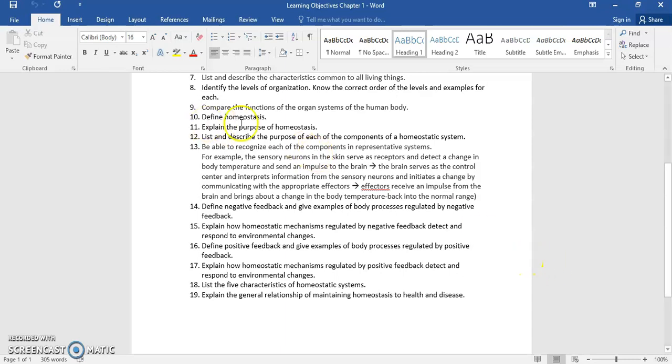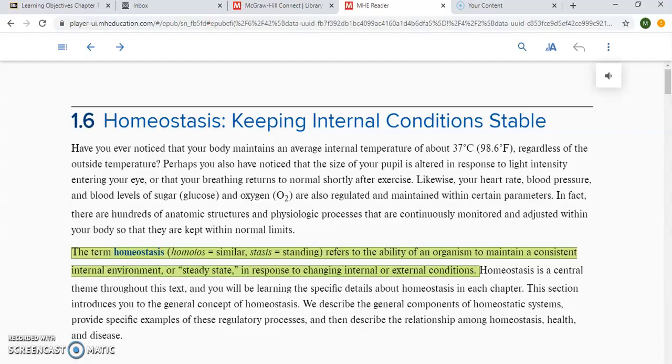Okay, first we're going to define what homeostasis is. This is from our textbook, and I've highlighted the definition. This goes for other organisms too, but we're going to talk about homeostasis as it refers to the human body and how our bodies are able to maintain a consistent or constant environment internally, regardless of, and in response to, any changes going on outside our body and anything going on inside our body.